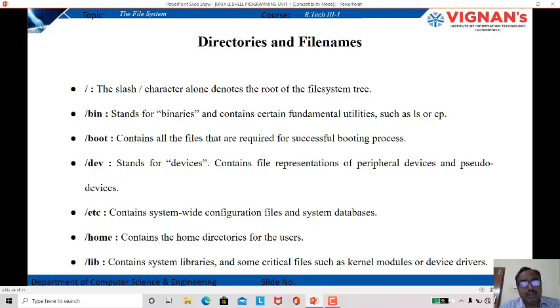Next, lib. It contains system libraries and some critical files such as kernel modules or device drivers. Once again, lib is nothing but system libraries which include kernel modules or device drivers. Understood, my dear students?